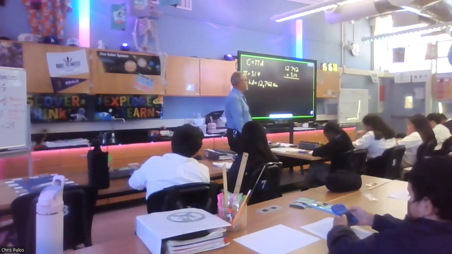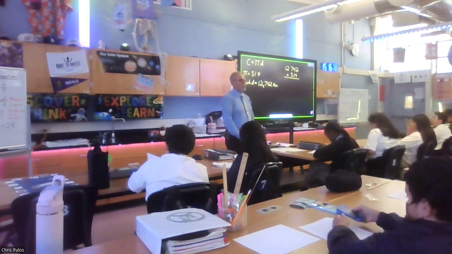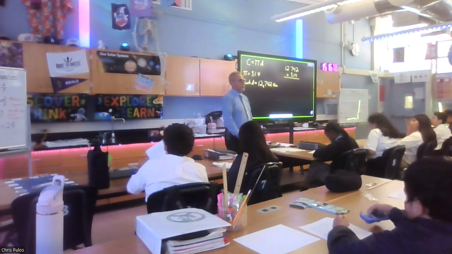So in your calculator, type 12742 times 3.14. I'm going to do it long division.